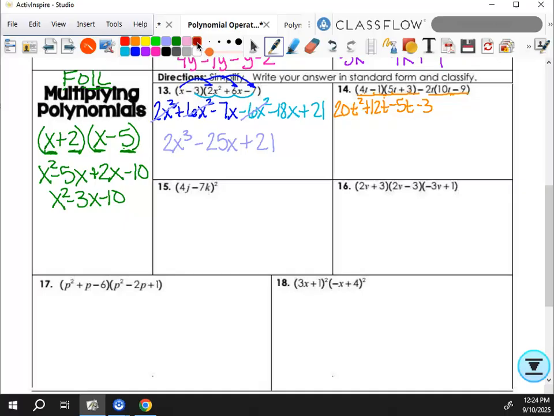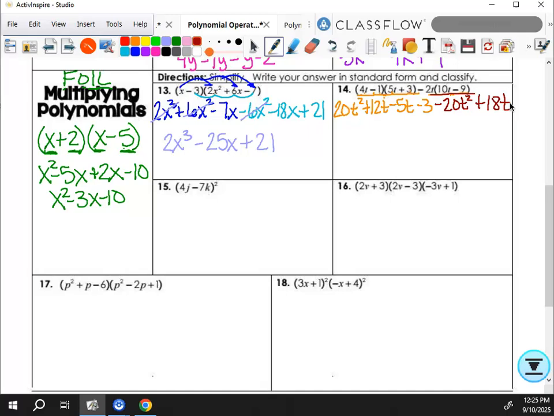Then I take care of the second part, this right here. I'm going to take that negative 2t and distribute it. So negative 2t times 10 is negative 20t squared. Then negative 2t times 9, positive 18t. Everybody okay with where everything came from? Okay, don't get ahead of yourself and skip too many things because, again, that's where the careless mistakes happen.